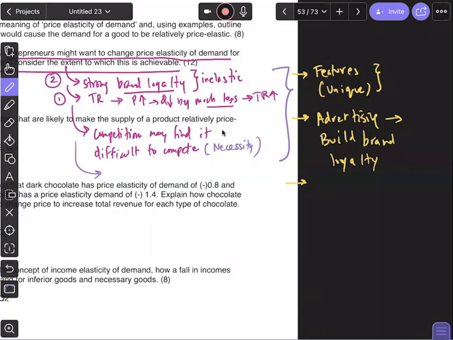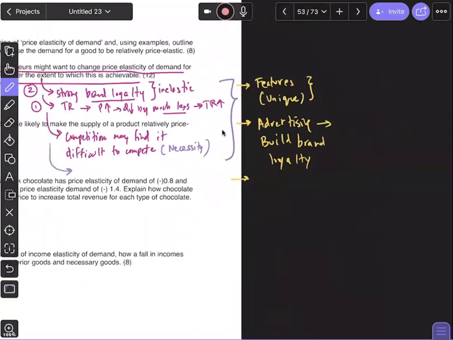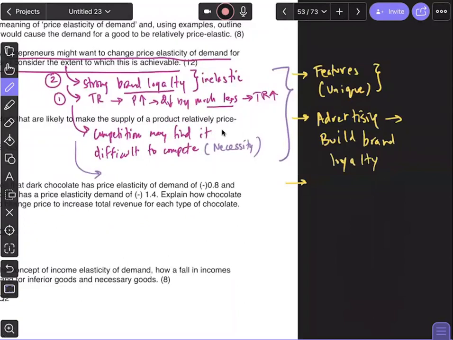It may not be the case in reality, but that's what people feel. So that could make a good more inelastic. Make sense? So how close people believe your good is as compared to other goods, and if you're able to do that, you could be considered as a good with an inelastic demand.